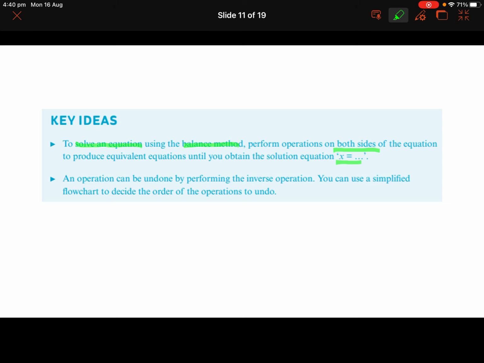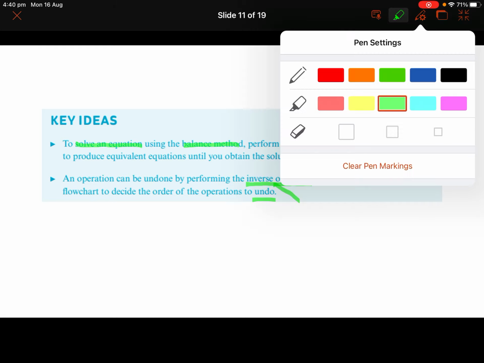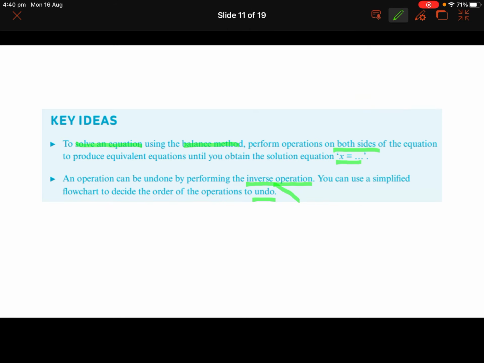An operation can be undone by performing the inverse operation. You can use a simplified flowchart to decide the order of operations to undo. Like the chapter before, we were using flowcharts to find out which operation comes first when we're applying it to the variable. And we need to backtrack, so use our inverse operations in order to do so. Remember that inverse means, what's the opposite of adding?